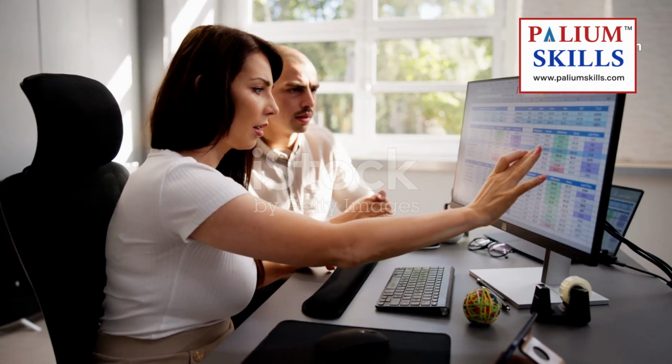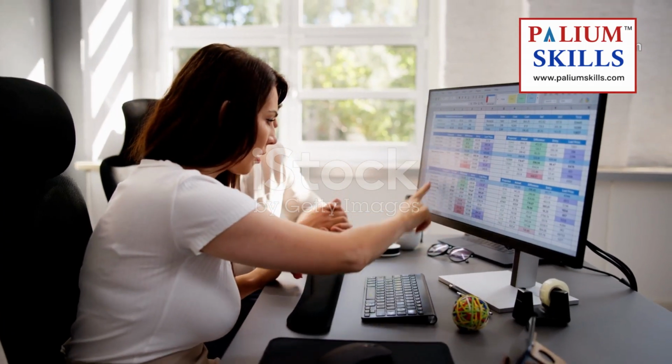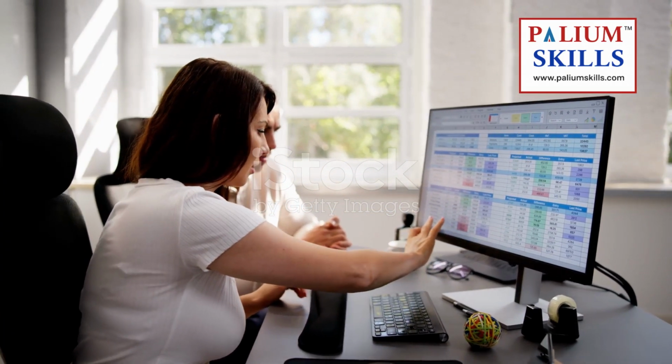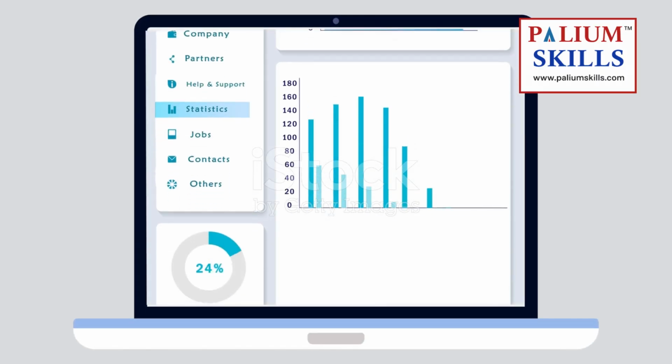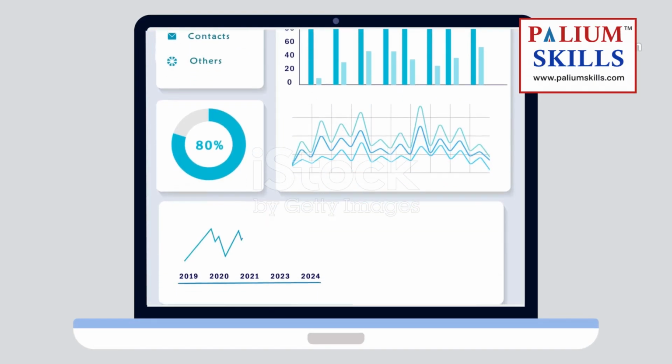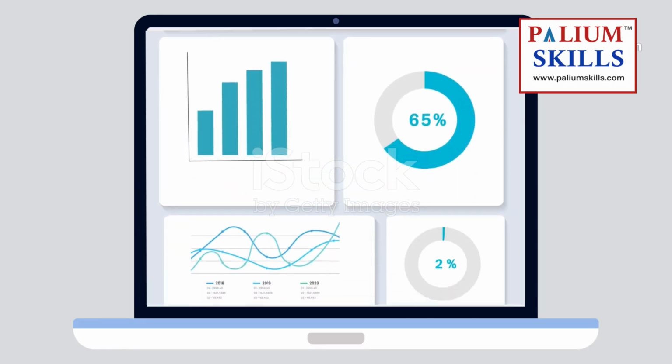In today's data-driven world, the ability to extract meaningful insights quickly and accurately has become a critical skill for professionals across industries. Among the most powerful tools enabling this transformation is Power BI, Microsoft's flagship business intelligence platform.